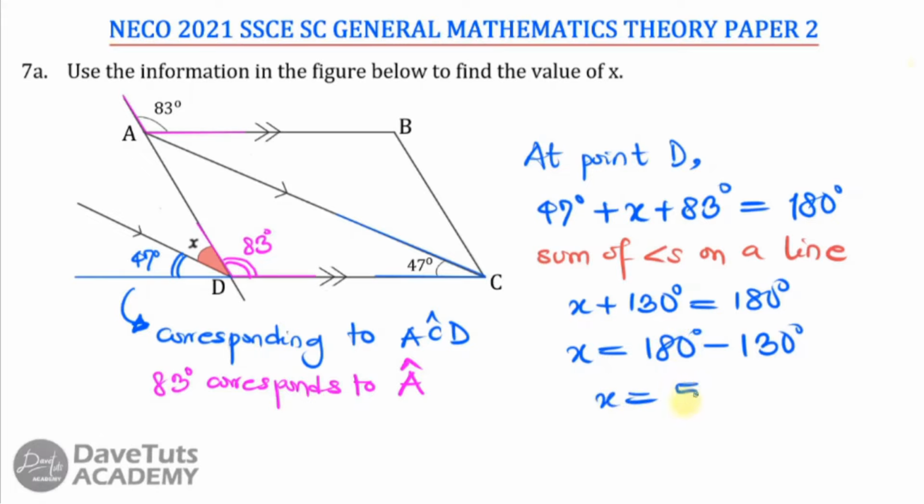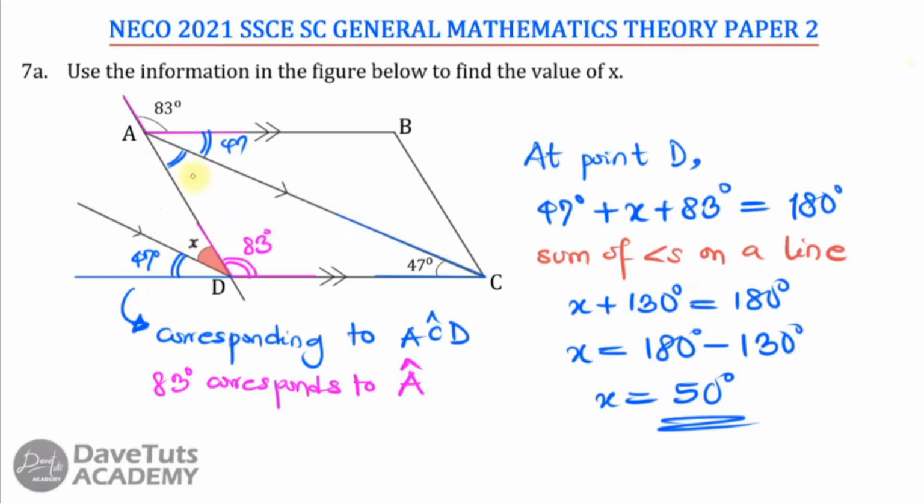So the solution to this question is that x is 50, and this is just one of the ways that you can choose to do it. You can also choose so many other means. You can move your angles here, you can find this angle, okay, and you can also find this angle, and you see that it will also record to the same, because here this 47, this is also 47, and then because this line and this line, they are parallel, this AD will be a transversal across them.